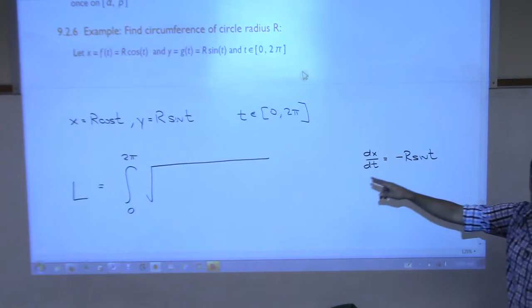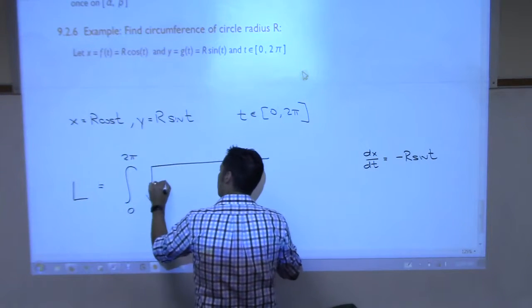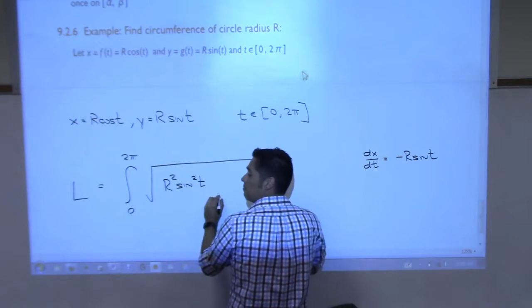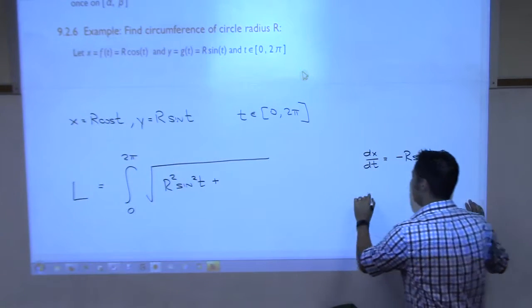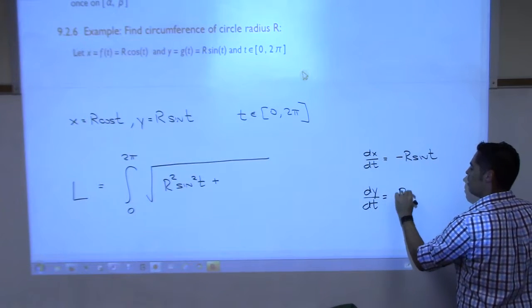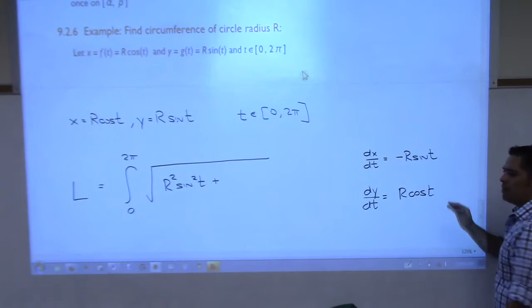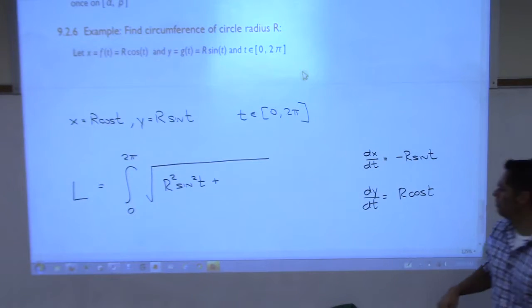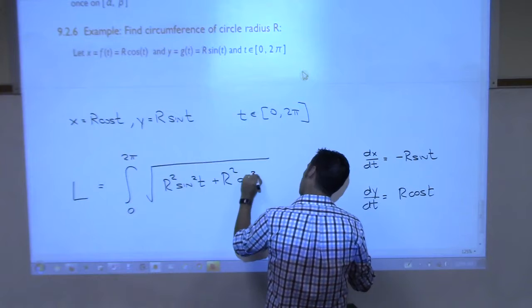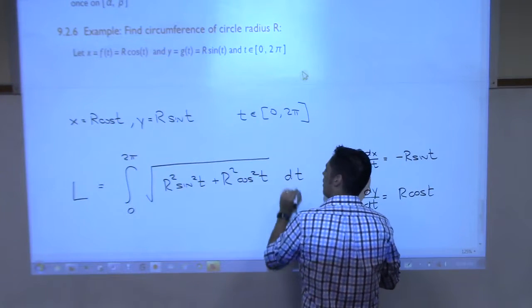So let's square this and put this in here. Don't you get r squared sine squared t? Yeah? Plus, now we need the derivative of y with respect to t, which was r cosine t. But we need to take that and square it and put it in there. So we get capital R squared cosine squared t, and then dt out here, right?